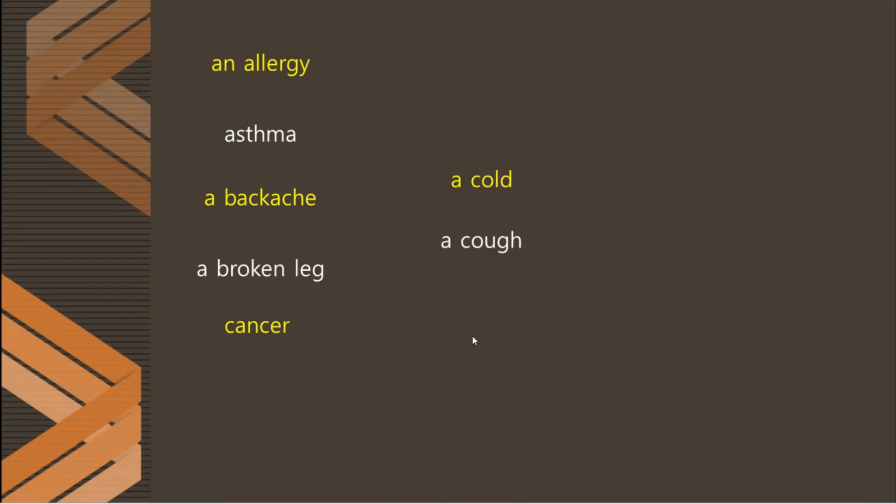The first is an allergy, second the asthma, and then a backache, and then a broken leg, and then cancer, and then cold, and then a cough. What is a cough? I believe that you are familiar with cough. And then diarrhea. I believe that you are familiar too about diarrhea. And then an earache, and then a fever, okay. And then the flu, of course.